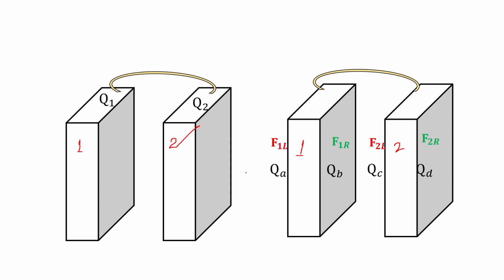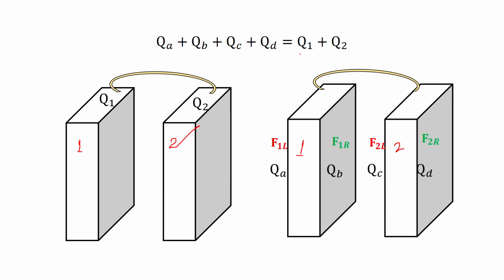Therefore, the net charge on them remains constant, that is QA plus QB plus QC plus QD remains constant, and that equals the initial charges which were on the plates, that is Q1 plus Q2. This is our first fundamental concept, that the total charge on an isolated conductor remains constant.